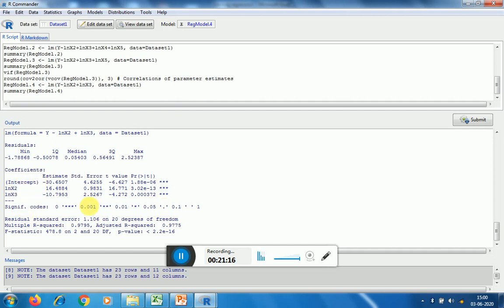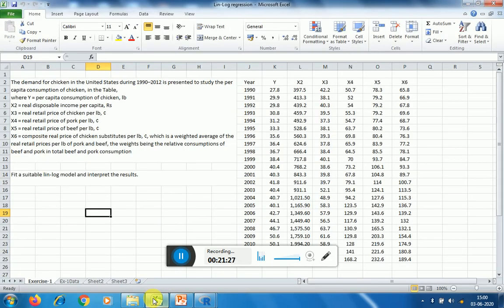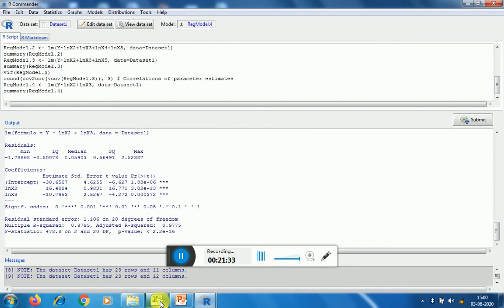That means x4, x5 and x6 do not play a significant role in predicting the demand for chicken, or the per capita consumption of chicken in the US. That is what we can conclude here. If some variable is not significant, there is no point in incorporating it into our multiple regression model, and that is why we must eliminate it.